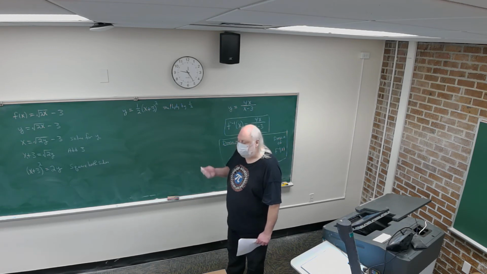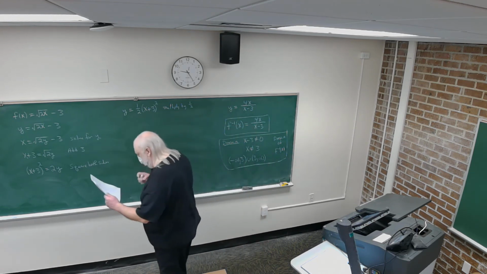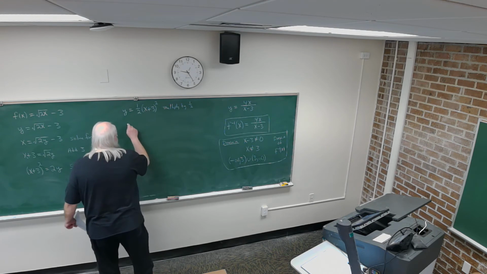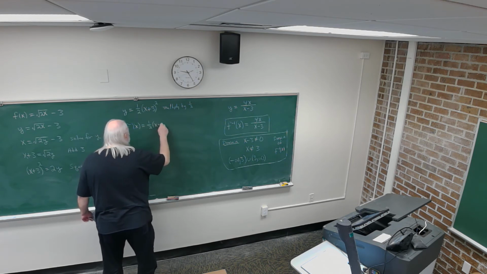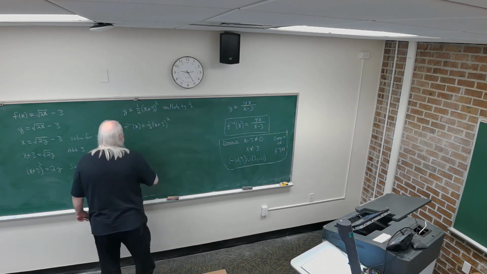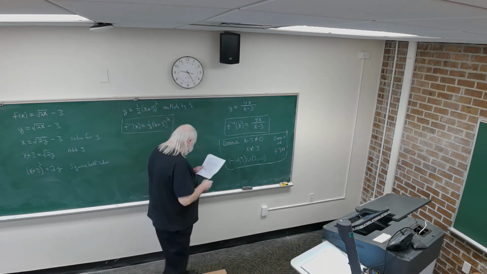And then the last step is replace y with inverse function notation. So we have f inverse of x is equal to 1/2 times x plus 3 squared.